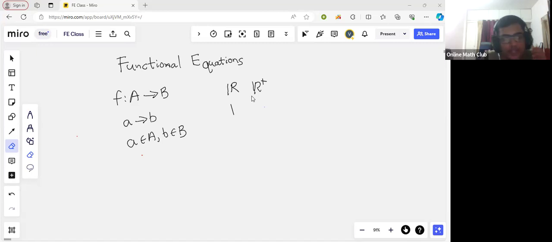These are the commonly used domains and codomains. And we're going to have some equations on these numbers. Those are what functional equations are, and we'll be looking at some standard techniques to solve these problems.